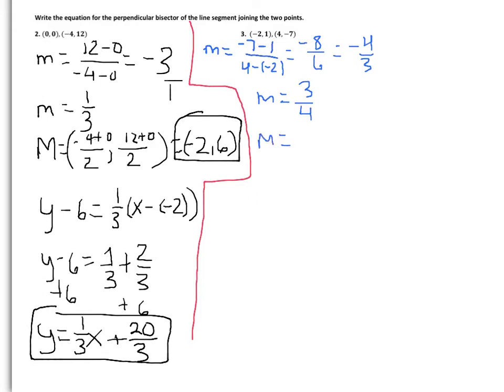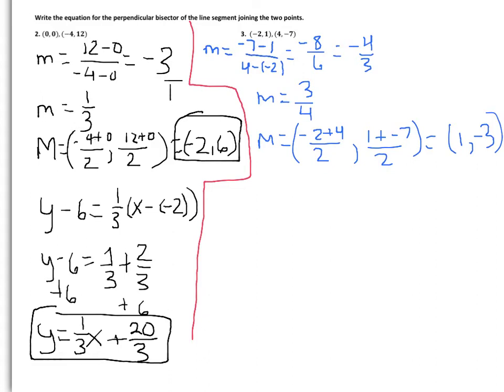The midpoint: -2 plus 4 divided by 2, comma, 1 plus -7 divided by 2. The midpoint equals 1, comma, -3.